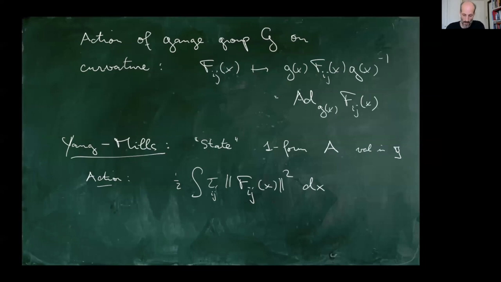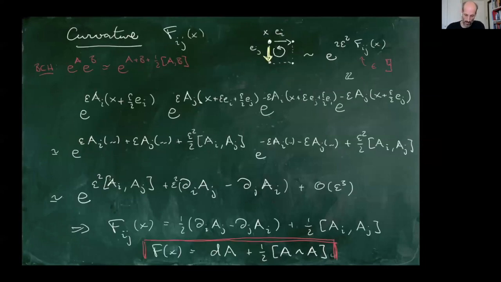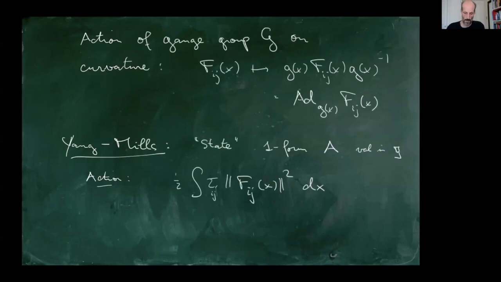So this depends on A, of course. So the F is a function of A given by this formula here. Your state is your connection A, and then the curvature is computed from A in this way. And then your action is just the L2 norm of the curvature, where you have to say what this norm is.